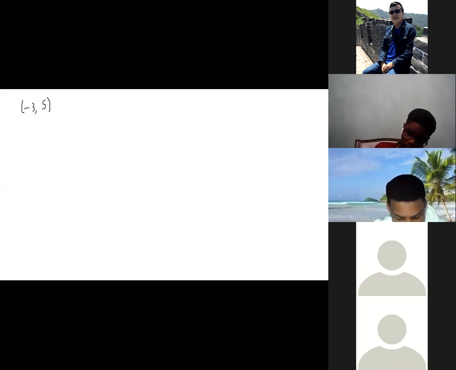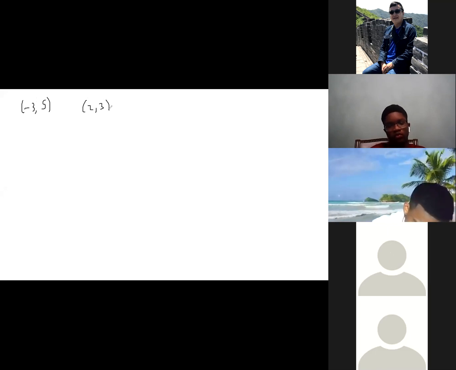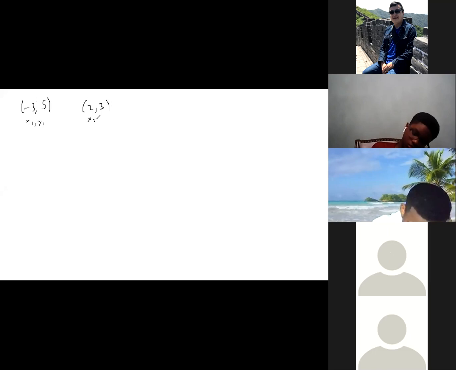All right, well, I will write out the formula here so you can see how I would do it when I plug in the numbers. So the 2 points are -3, 5, and 2, 3. So once again, you could think of this as x1, comma y1, and x2, comma y2.